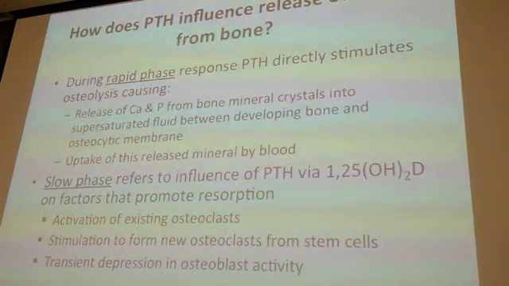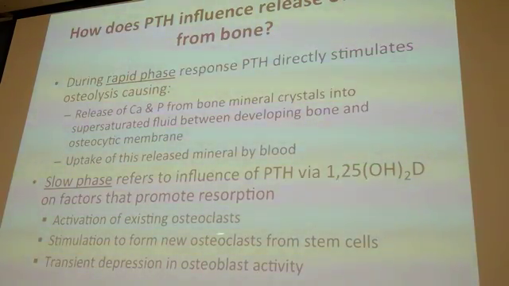And then there's a slower phase in which parathyroid hormone, through its stimulation of vitamin D, is going to promote resorption. So this can actually activate the osteoclasts. It doesn't do this directly, but through its activation of osteoblasts, it presents receptors that control osteoclasts.